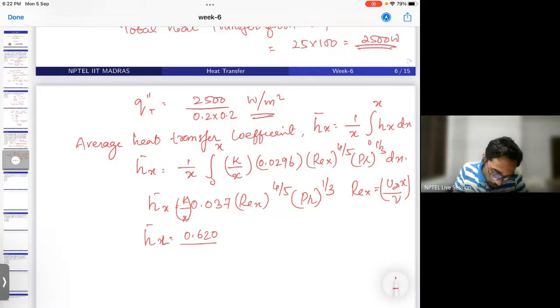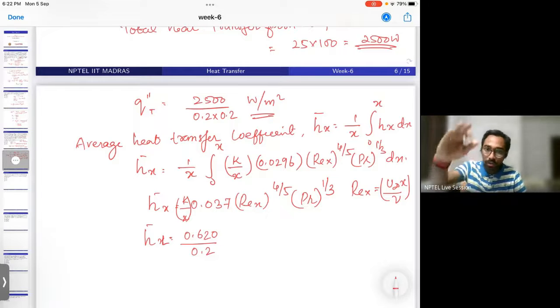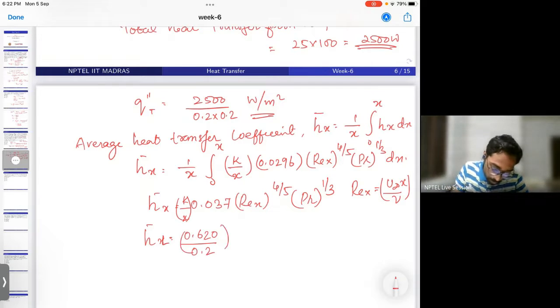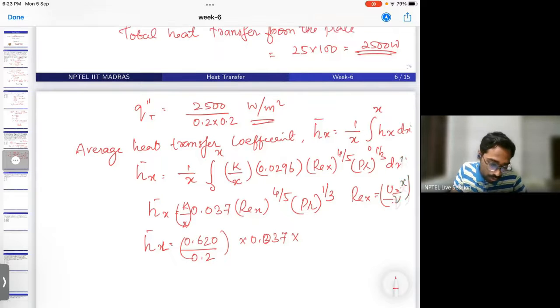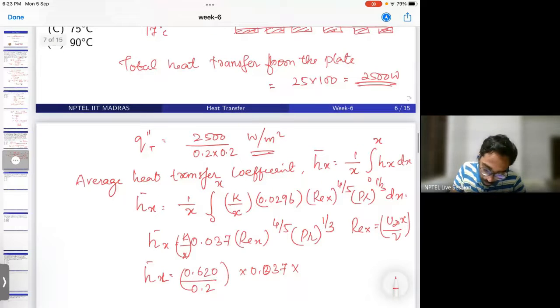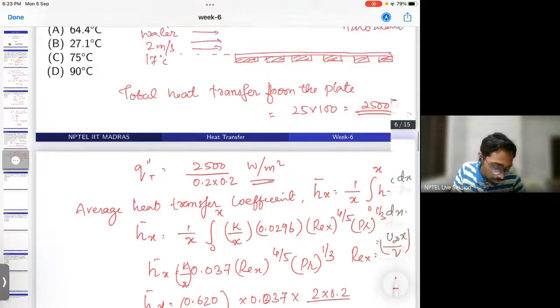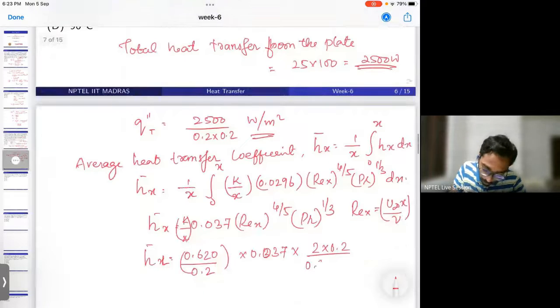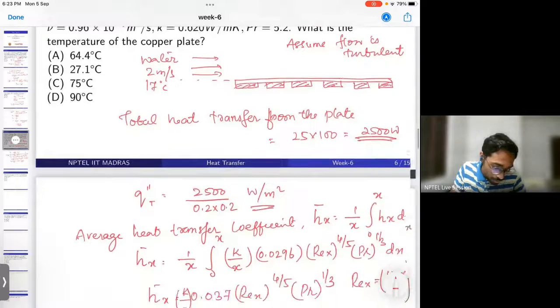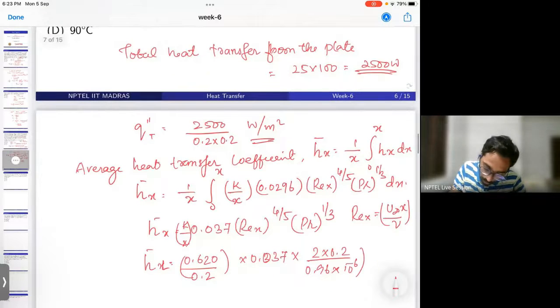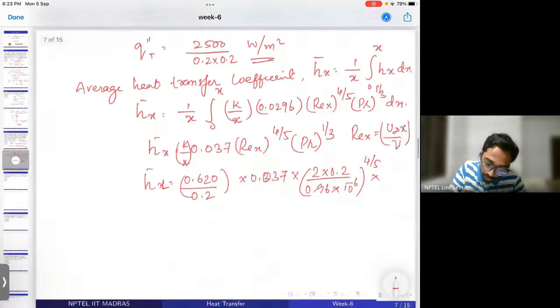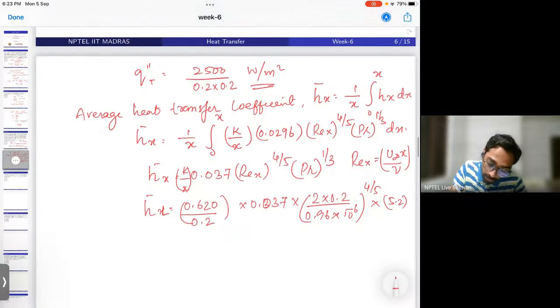So l is 0.2, it is a square, 0.037. For the Reynolds number we need u infinity, that is 2 into 0.2 divided by mu, which is given 0.96 into 10 raised to minus 6, raised to 4 by 5, and Prandtl number is given 5.2 raised to 1 by 3.